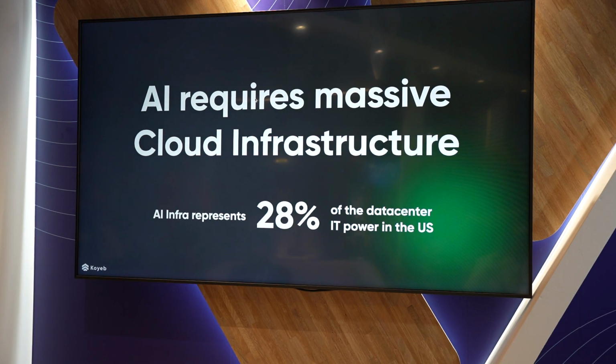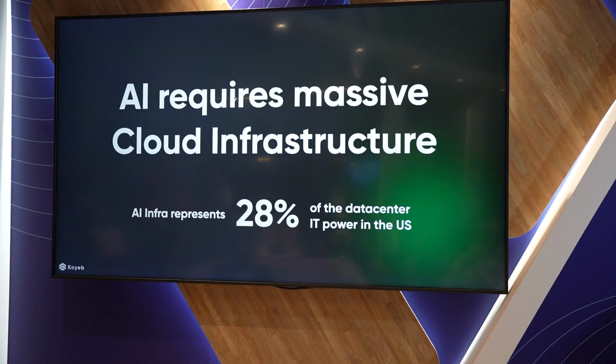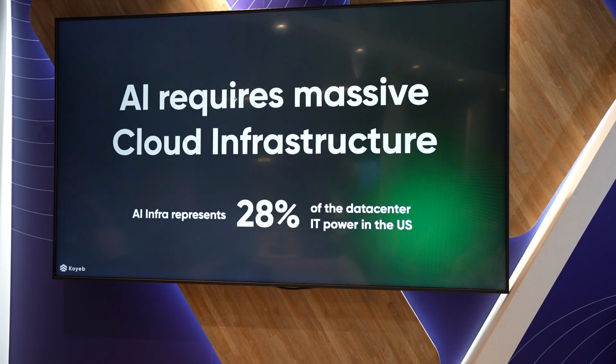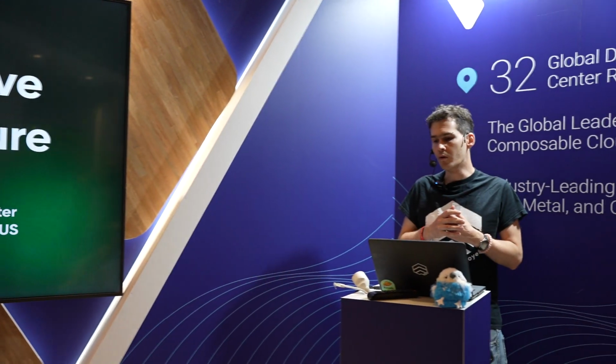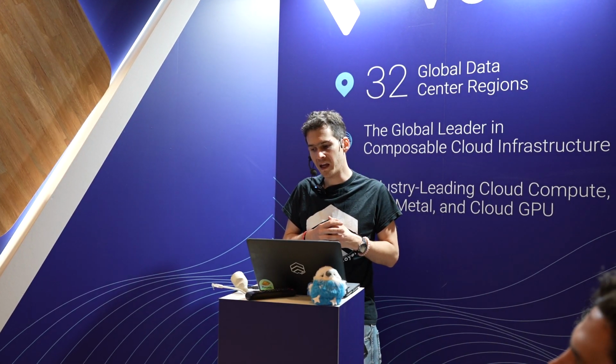One of the key elements we're focusing on at Koyeb is efficiency. We are starting from the fact that AI requires massive cloud infrastructure. If you look at the numbers, AI represents today 28% of the data center IT power used in the US. So it's already over a quarter of the power consumed in the US, and it's actually just the beginning.